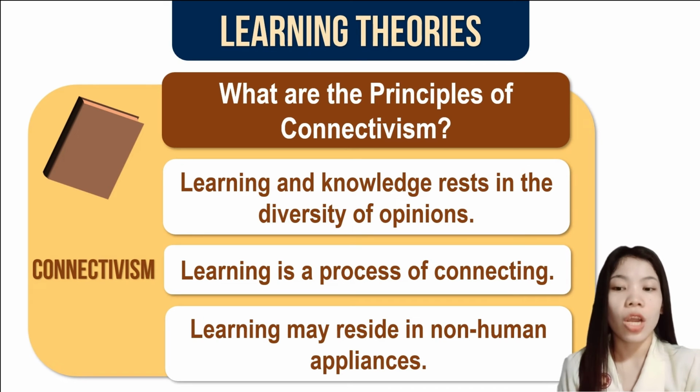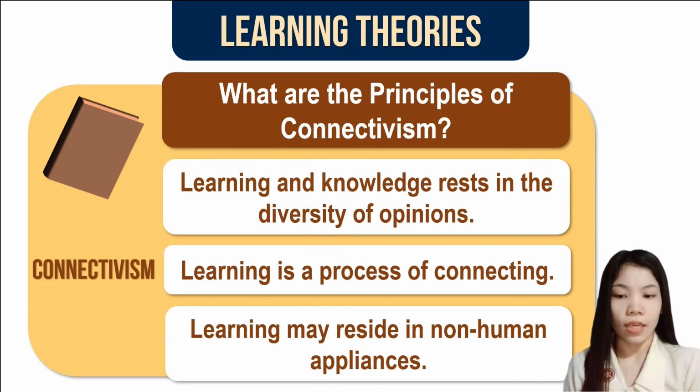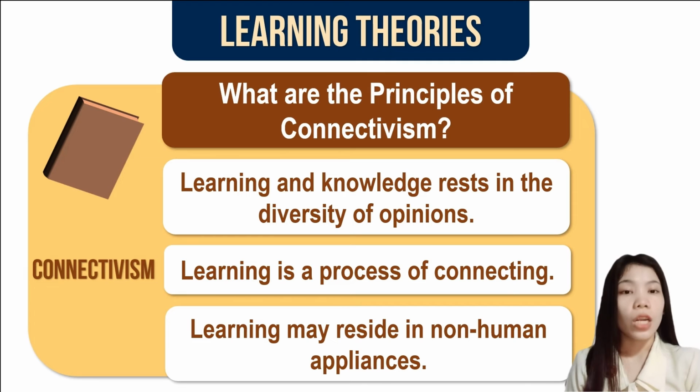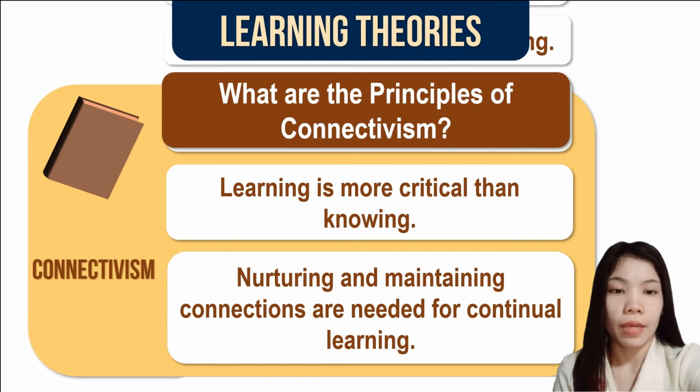Number 1, learning and knowledge rest in the diversity of opinions. Number 2, learning is a process of connecting. Number 3, learning may reside in non-human appliances. Number 4, learning is more critical than knowing.